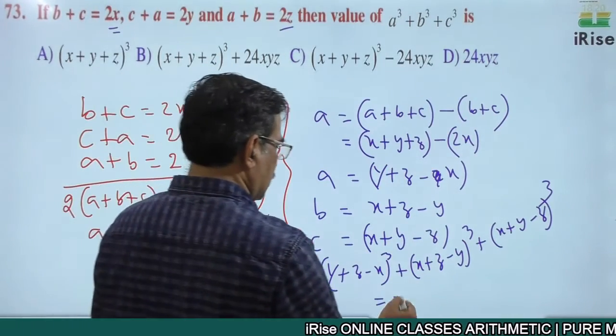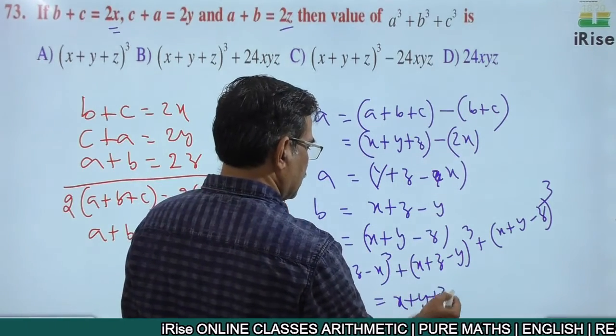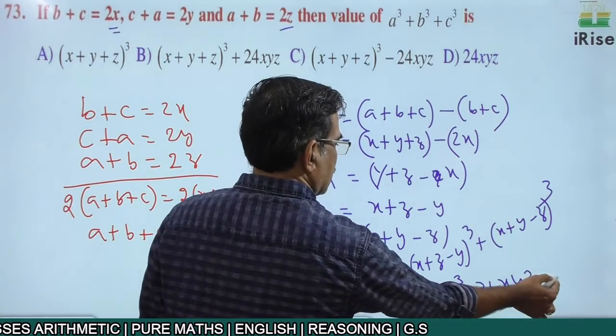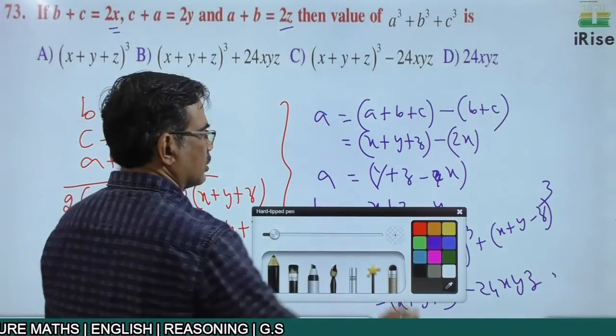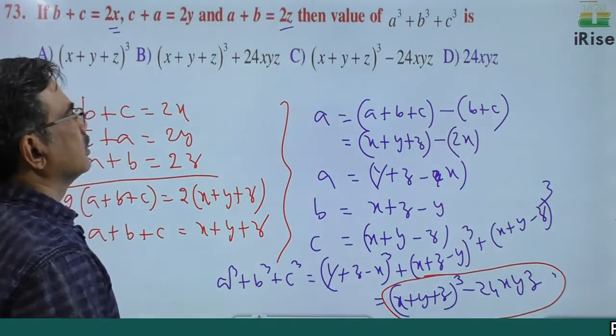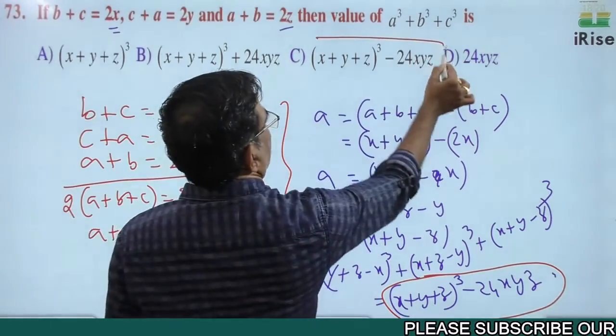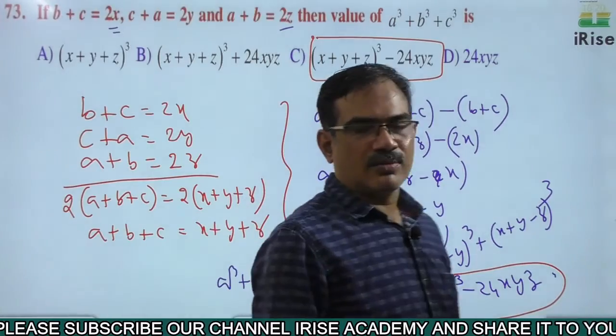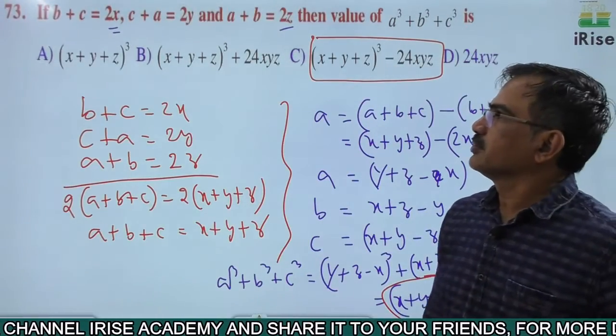This is nothing but (x plus y plus z) whole cube minus 24xyz. This is the answer for this question. If you know the formula, the problem becomes very easy.